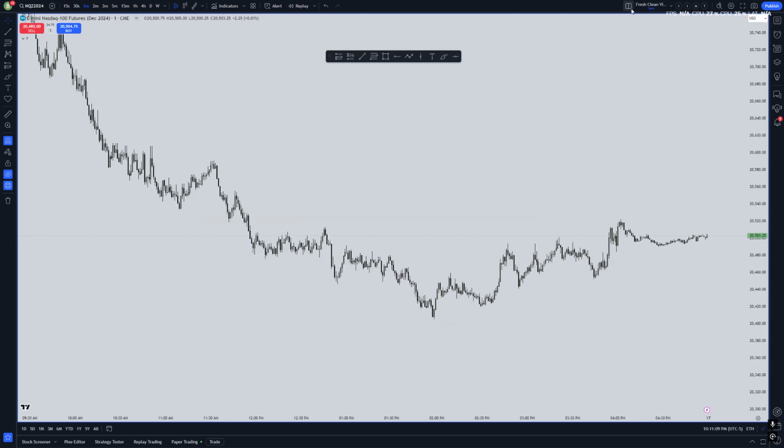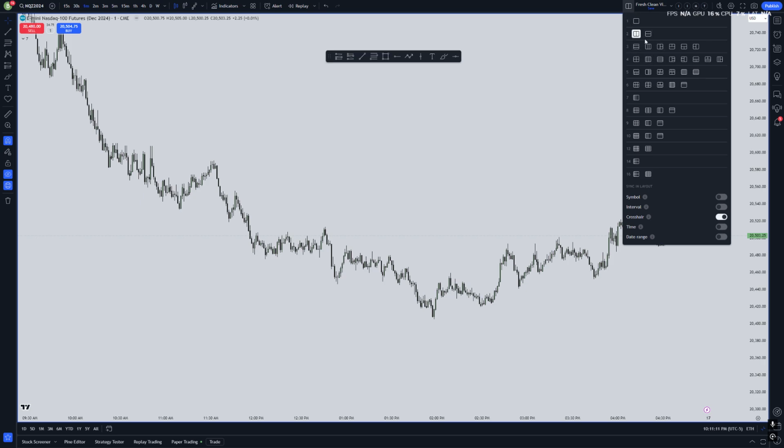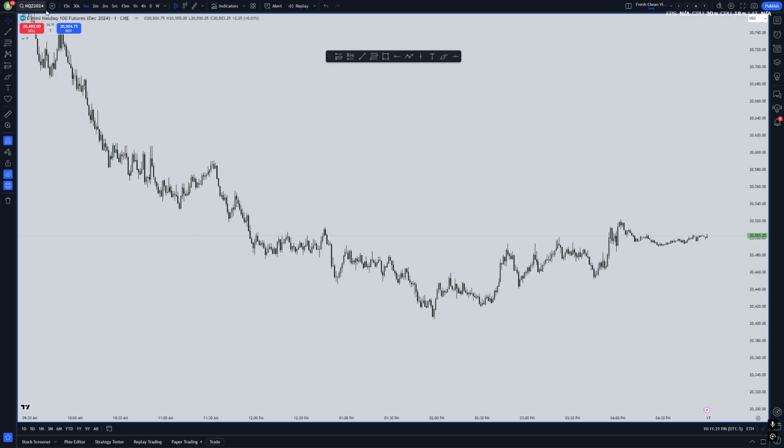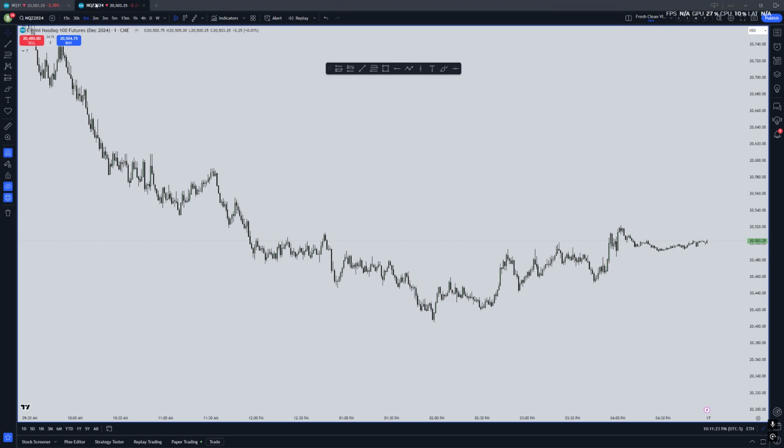Right here, you can choose how many charts you want per screen. For me, I have 3 monitors, so sometimes I'll have a second chart up on a second window. You go right here and you can drag this tab out and pop it out to another window, another monitor.